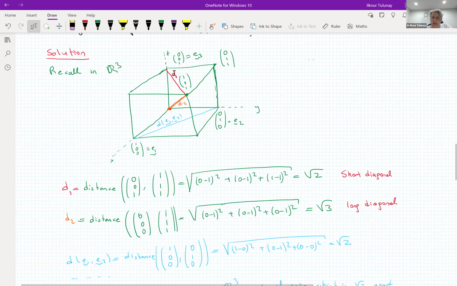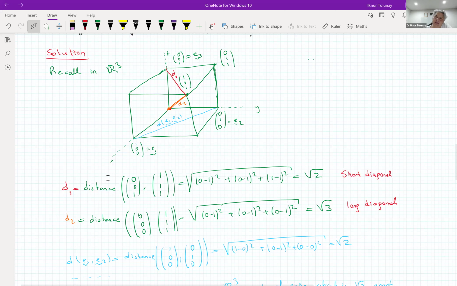The distance between any two vectors in R3 is the square root of the sum of squared differences of the coordinates. For example, if you want to find the distance D1 from 0, 0, 1 to the point 1, 1, 1, this is the usual Euclidean distance.